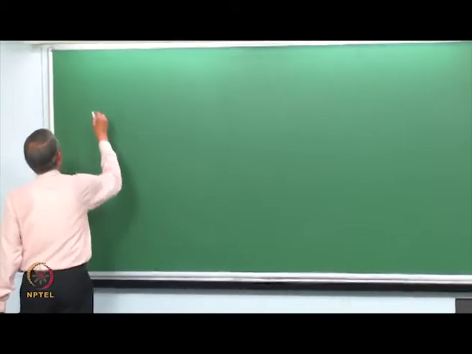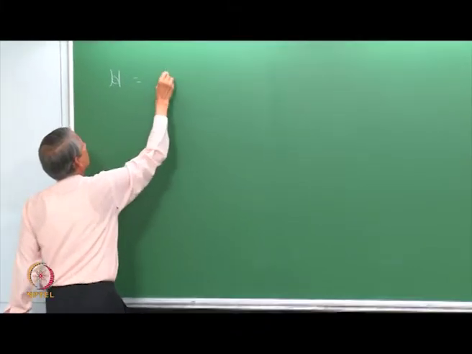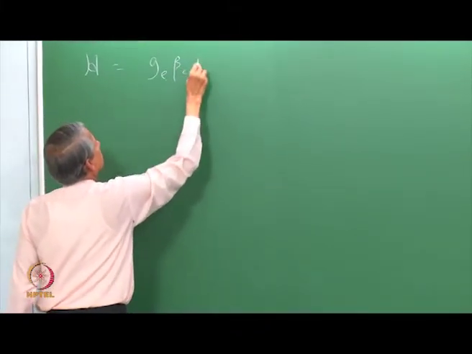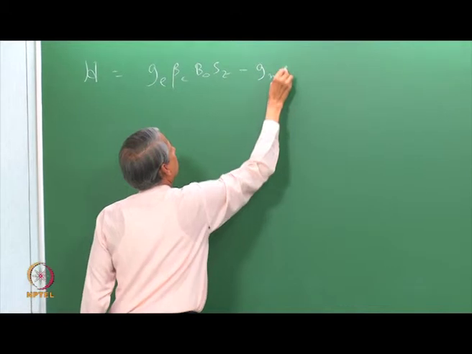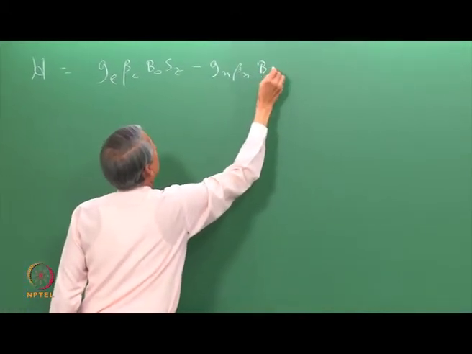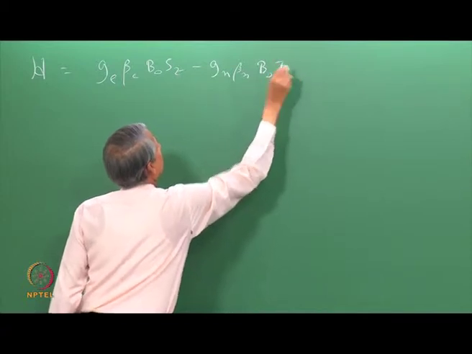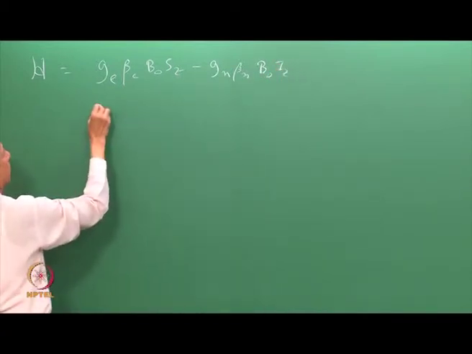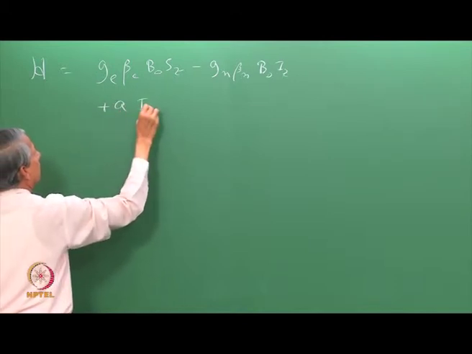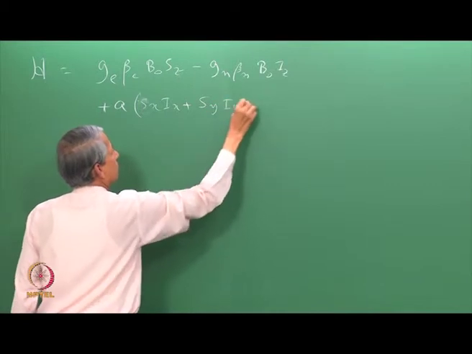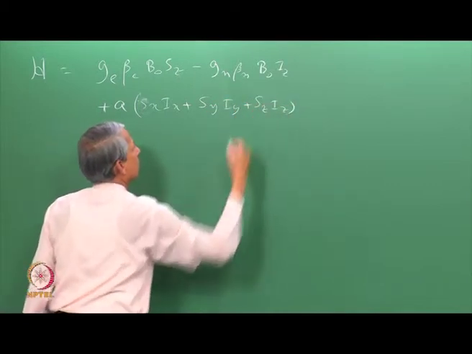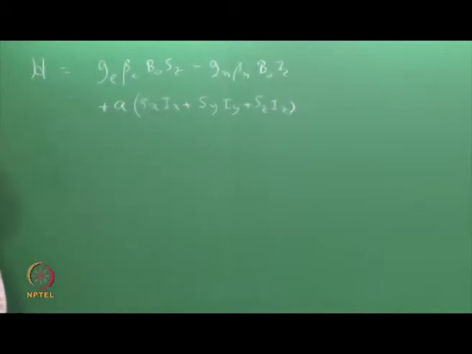We have seen that the total Hamiltonian of hydrogen atom can be written as, this is the electron Zeeman term, this is the nuclear Zeeman term plus A I·S. This is the hyperfine interaction term.